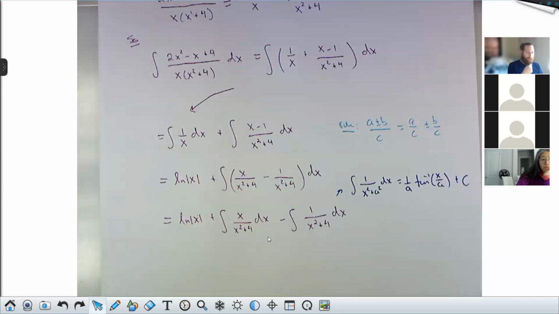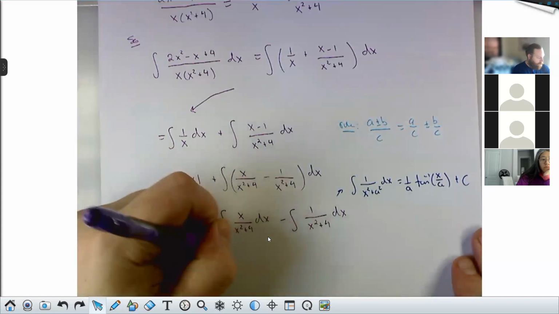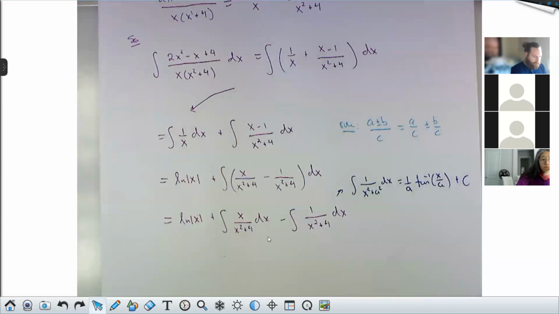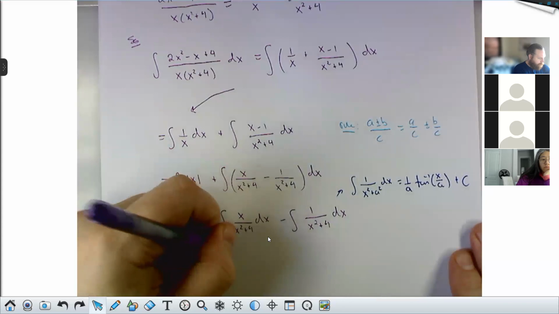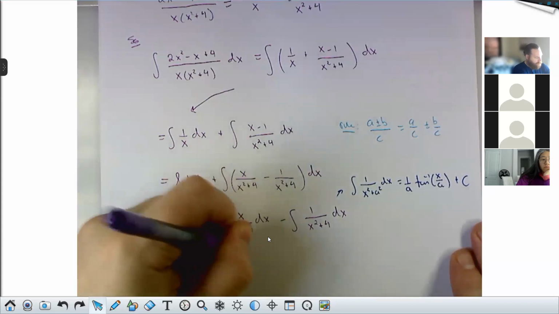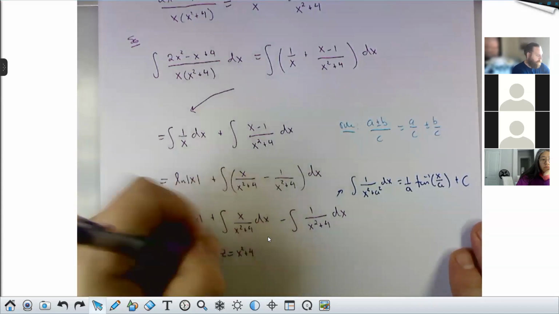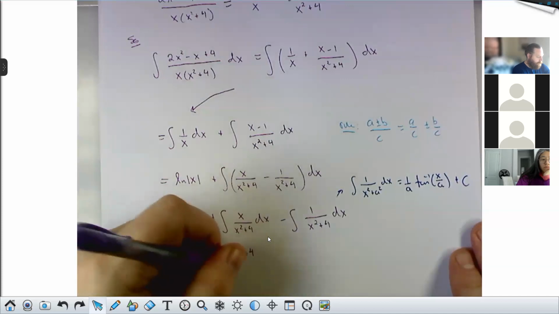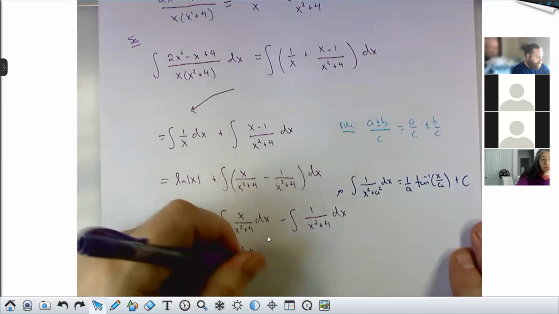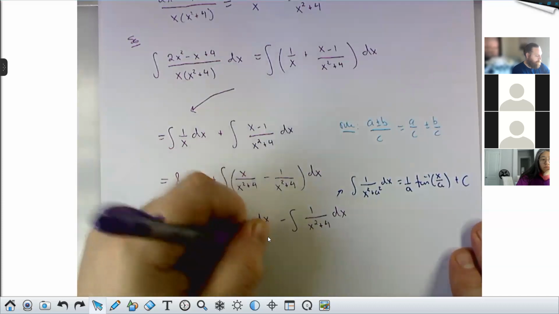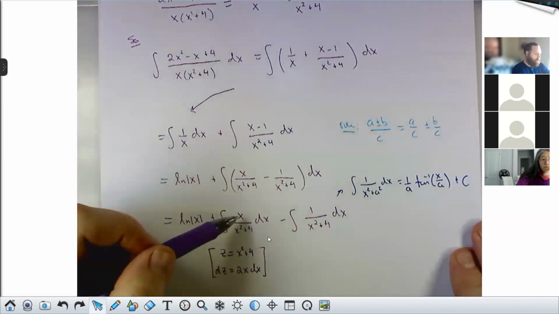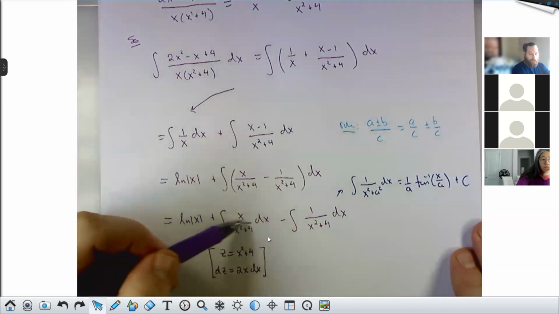Very good. This is a substitution. So to solve the middle integral, we're going to substitute z equals the bottom, because when you do that, dz is 2x dx. So I have an x dx upstairs here.